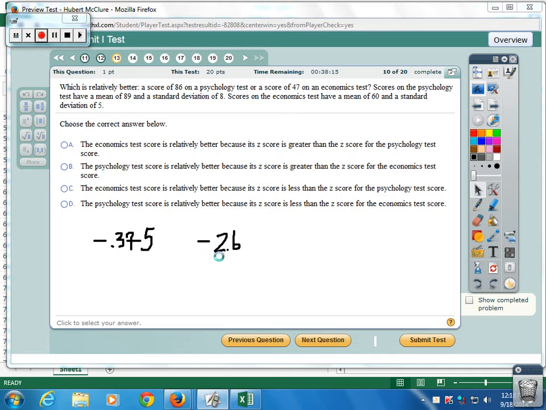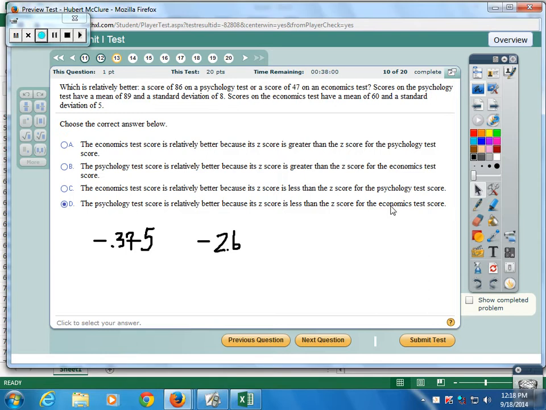So that's unusual. So this is better. Psychology test score, because the Z-score is greater than the Z-score of the economics. Okay. D, all right. I would say that's the answer. Next.